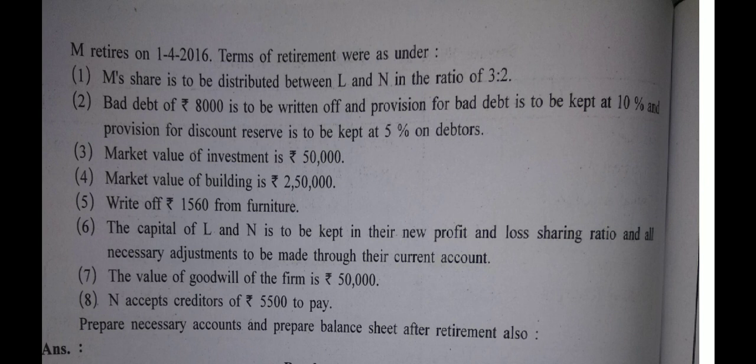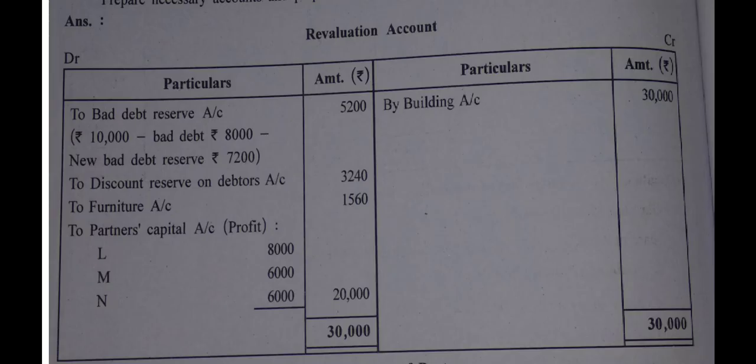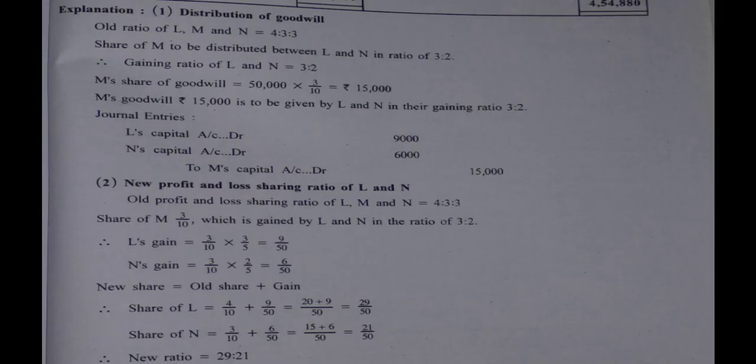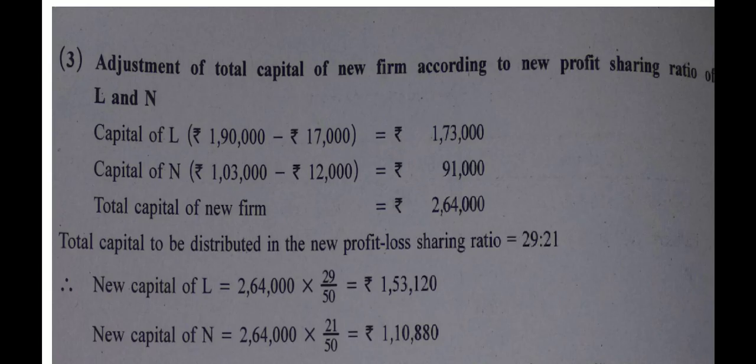Now the changes, what is the actual change you see? I can explain this in working notes. Pay attention. What is the capital of L that you see in the very beginning? It is 1,73,000. And capital is the amount that has been invested by partners. So whatever amount has been invested will be shown.